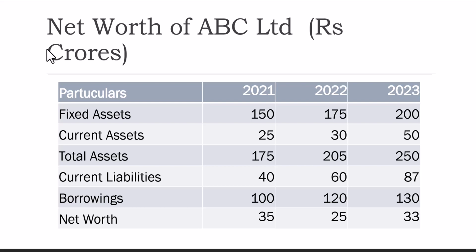Second year, it is 25 crores, and in the third year it is 33 crores. Now tell me, Yash, is it meeting the criteria of an IPO? Yeah, sir, it's more than 1 crore. Yes, it should be more than 1 crore in each of the preceding 3 years, so this company is meeting it.